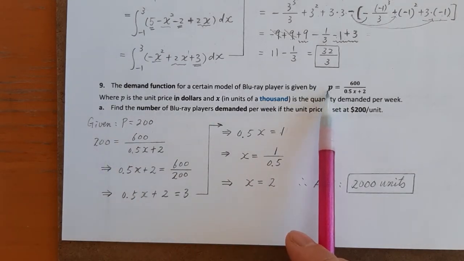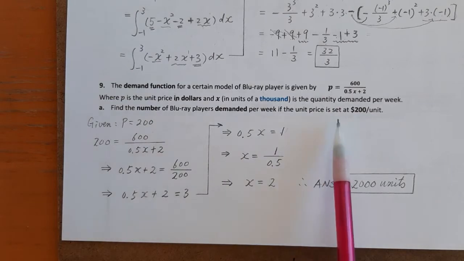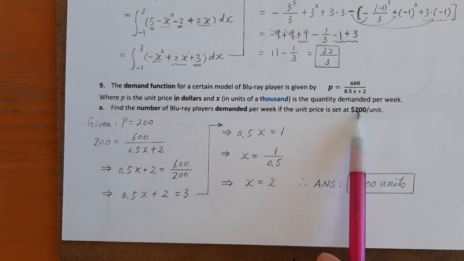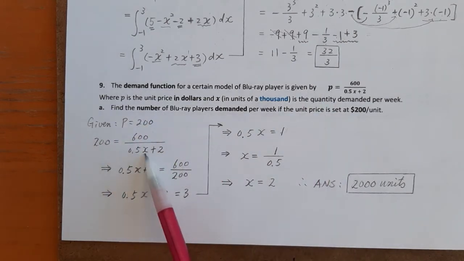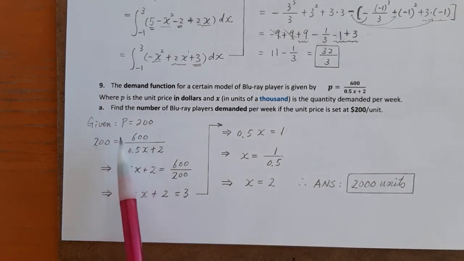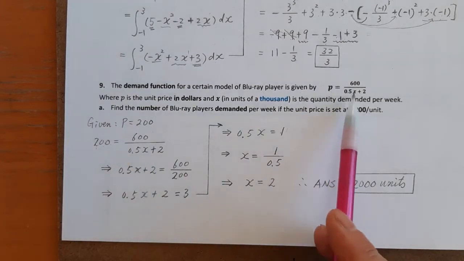So P is set at $200. If P is 200, so let P equal 200. Figure out X. So P equals 200 equals 600 over 0.5x plus 2.